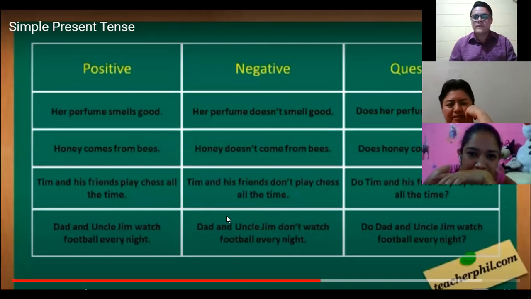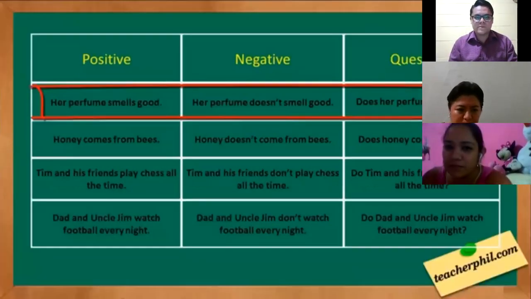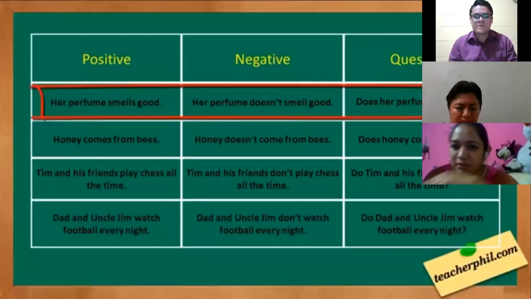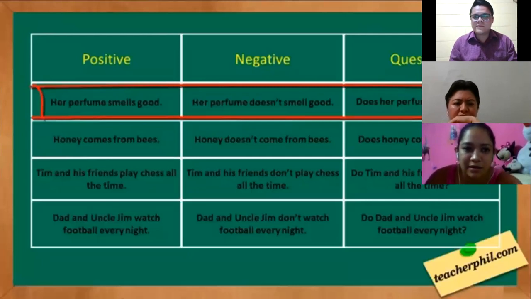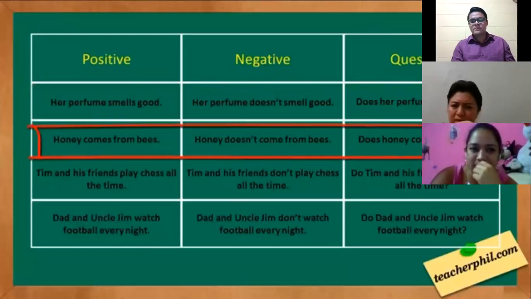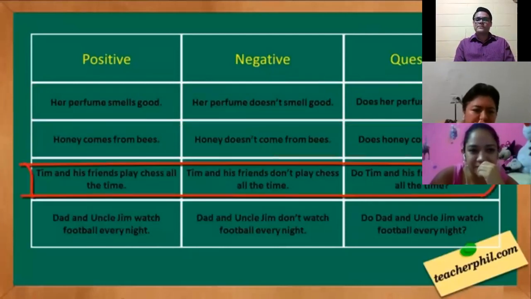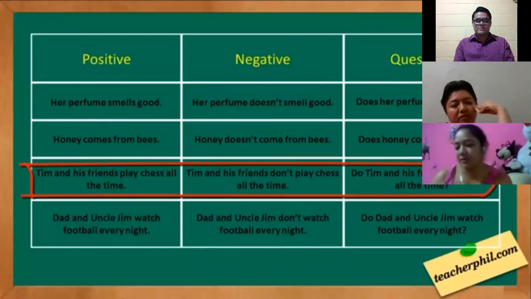And the questions. Examples. Her perfume smells good. Her perfume doesn't smell good. Does her perfume smell good? Honey comes from bees. Honey doesn't come from bees. Does honey come from bees? Tim and his friends play chess all the time.